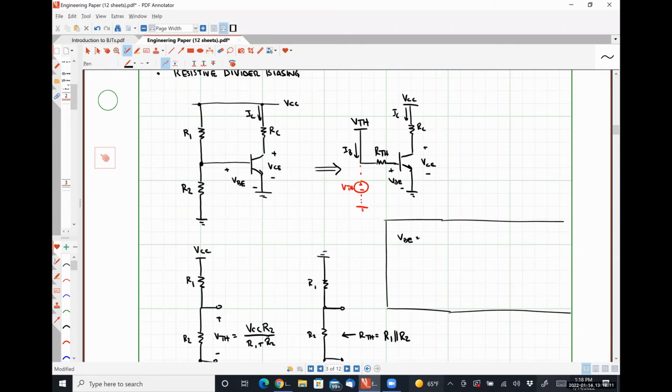Okay. So VBE will be VTH minus IB times RTH. It must also be equal to VT times the natural log of IC over IS.